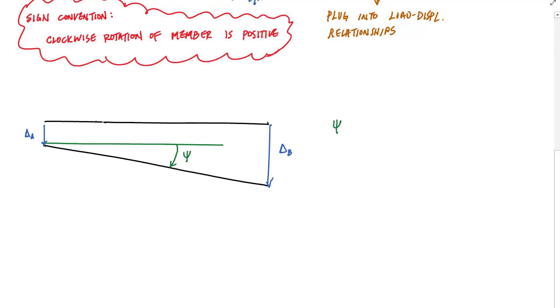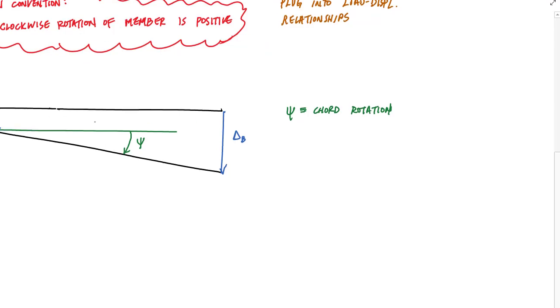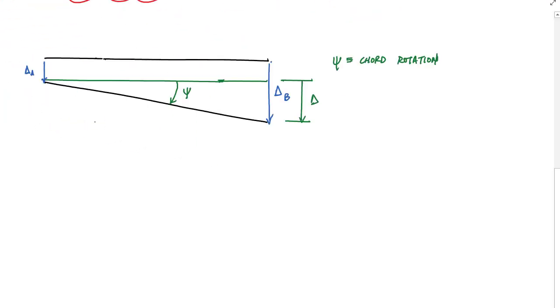This psi is called the chord rotation, and because it was clockwise, it is positive. And it's related to these linear displacements. This chord rotation would be equal to this relative deformation delta, where delta here would be delta B minus delta A. And this chord rotation would be this delta over L.